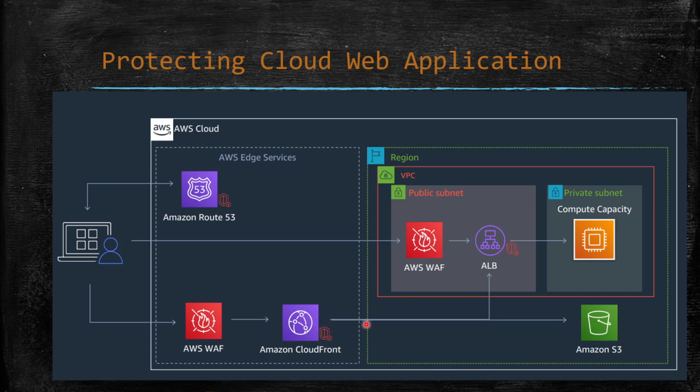Then the traffic goes to the AWS WAF, and from there to the ALBs, and then to the target servers. It's quite a simple architecture where you have your WAF sitting in front of your applications. Here we are using regional plus edge level WAF.